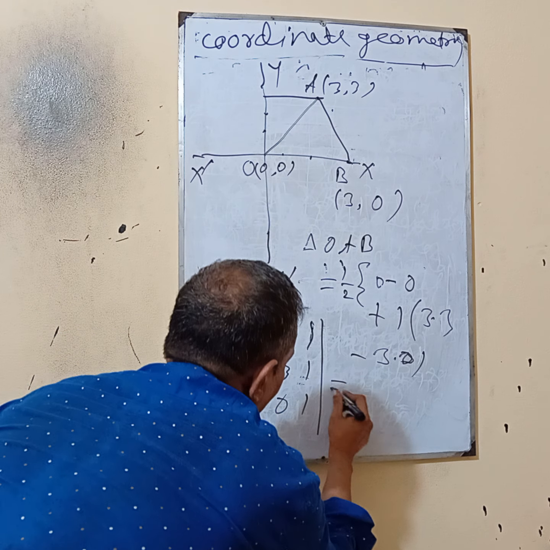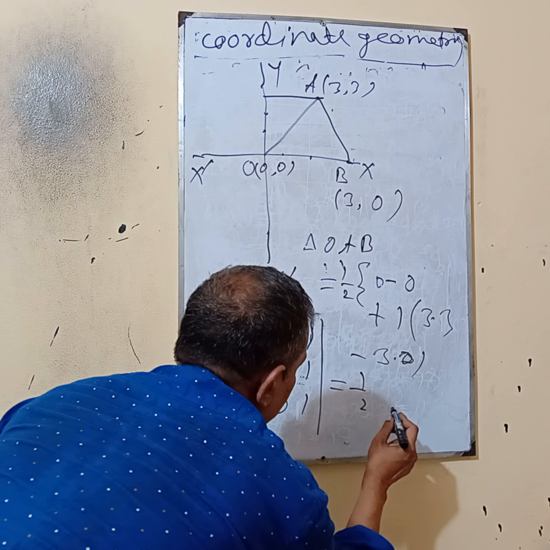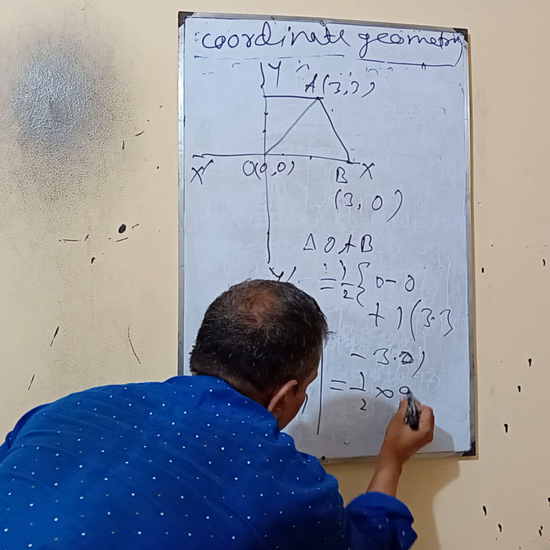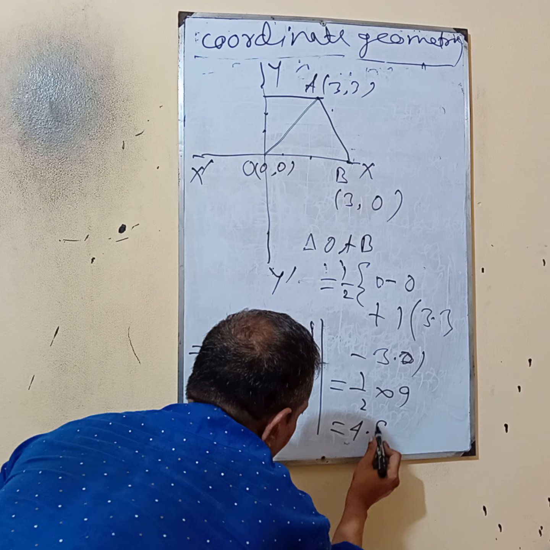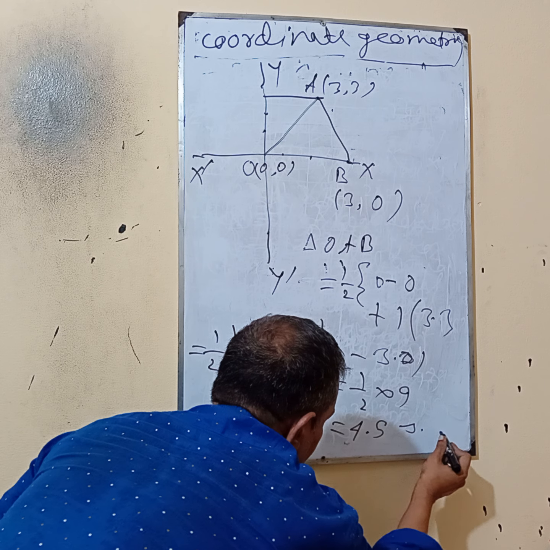So calculate: half into 9 is equal to 4.5 square units.